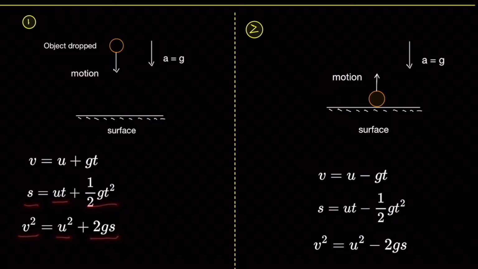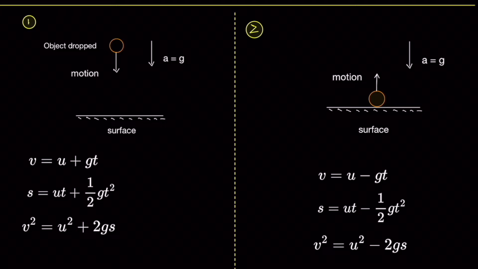In the second example, the motion of the body is in the upward direction because the body is on the surface and we apply a certain force in this direction. So the motion is in the upward direction. And we know that acceleration due to gravity is always in the downward direction. So in this case, the motion of the body and acceleration due to gravity are both in opposite directions.